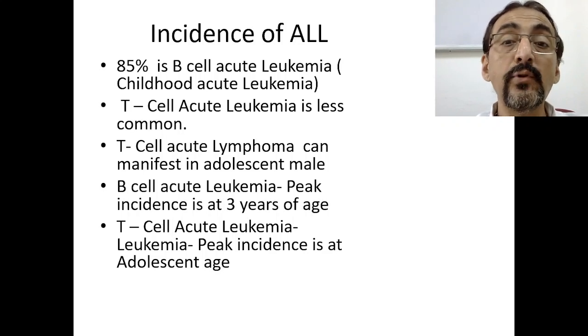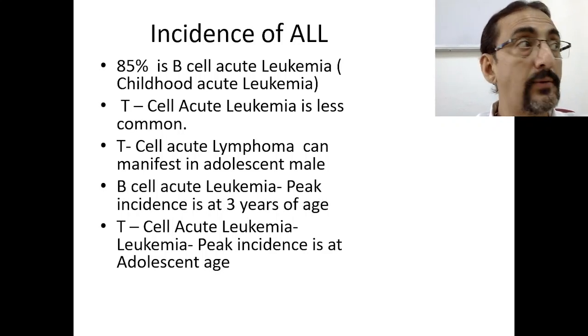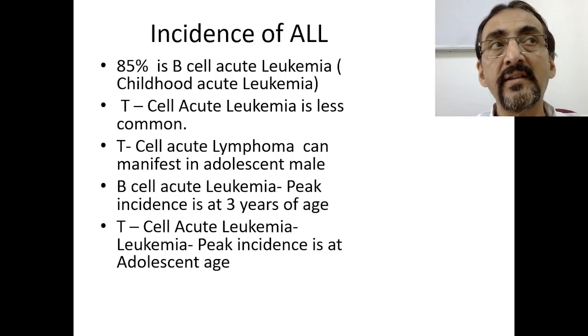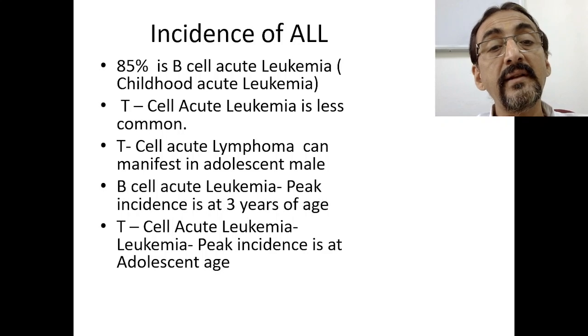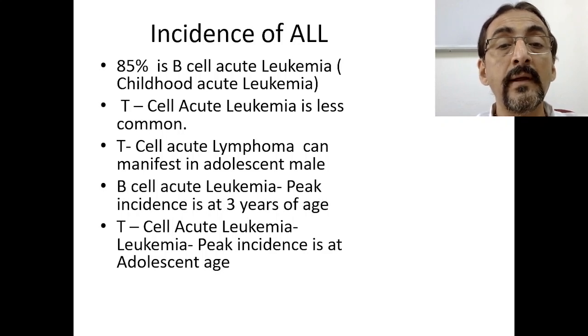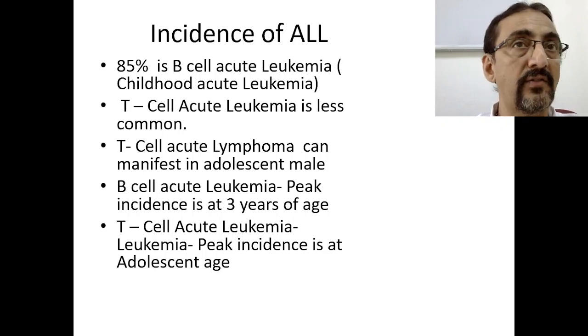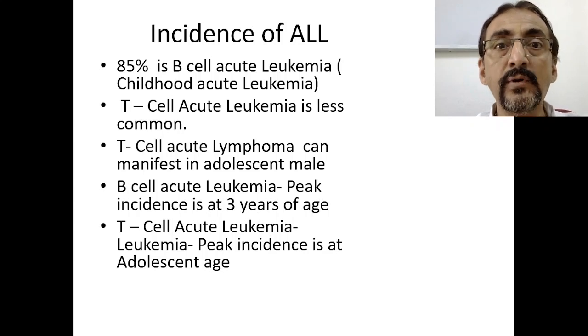B cell acute leukemia is very common in childhood practice, and incidence is maximum after 2 to 3 years of age, whereas T cell acute leukemia has its peak incidence at adolescent age. So in total, acute lymphoblastic leukemia is very common in children, and in that also, B cell acute lymphoblastic leukemia is very common.